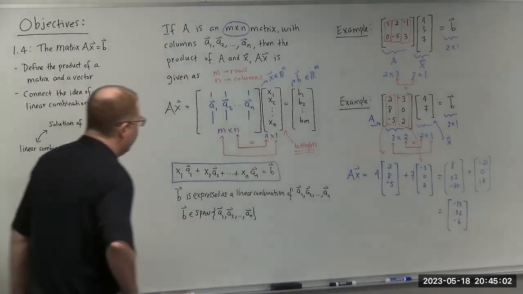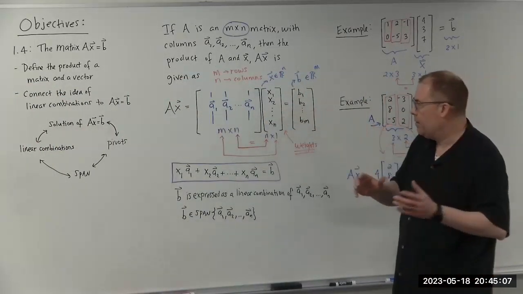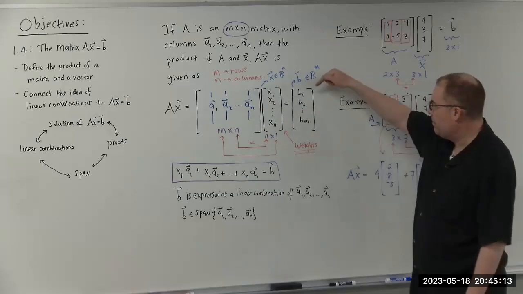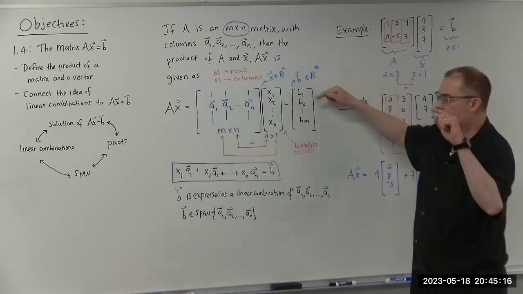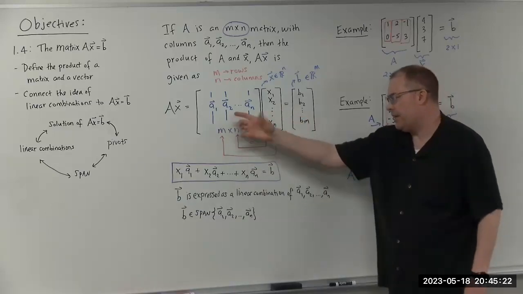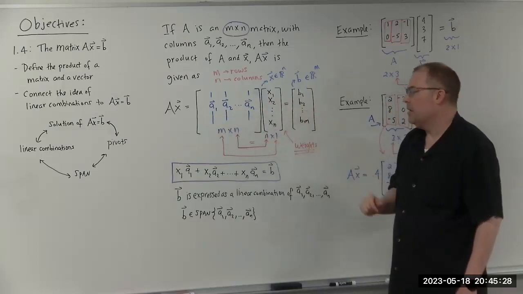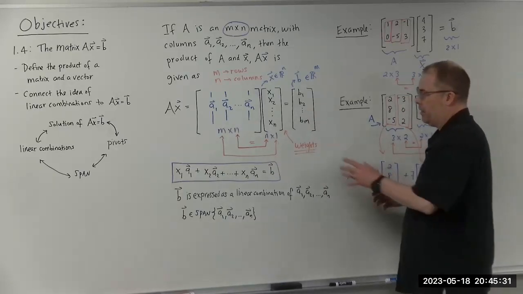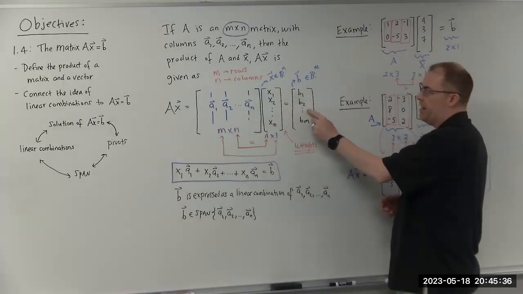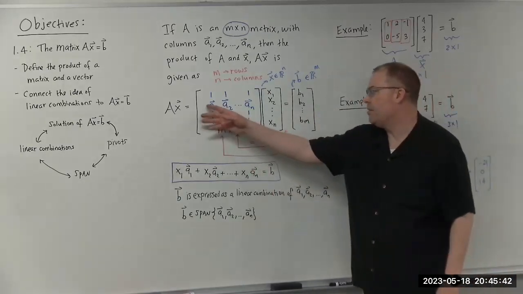Again, I want to reiterate the solution of this. Let's say we're given the matrix A and we're given the vector B. If there's a solution, that means there's a vector X such that if you take that matrix A and multiply by this vector, it gives us this vector B. So if that's the case, this vector can be represented as a linear combination of these column vectors.